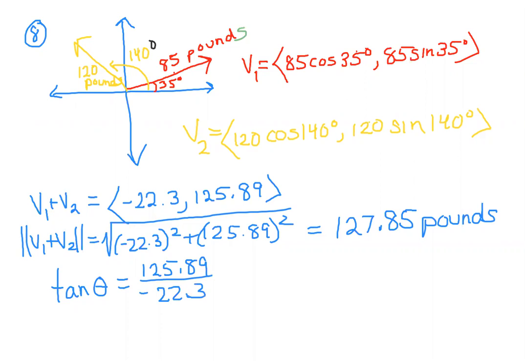What quadrant is our v1 plus v2 in? It's in quadrant 2. So when you put in your calculator the inverse tangent of 125.89 divided by negative 22.3, you get negative 79.95. But that's not what we want.